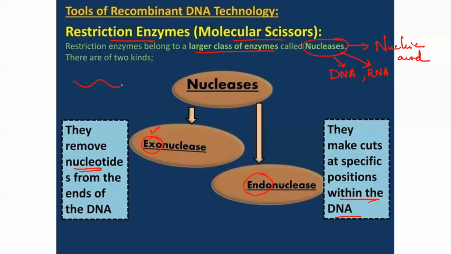For example, if this is a DNA and the enzymes are cutting from the end, removing the nucleotides from the end of the DNA, that is exonuclease. Now, if they make specific cuts at particular positions within the DNA, removing this particular site from the DNA, that is endonuclease.